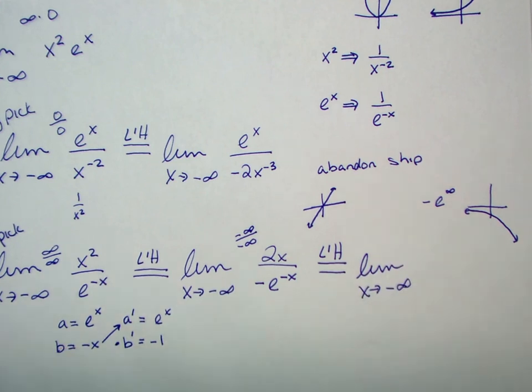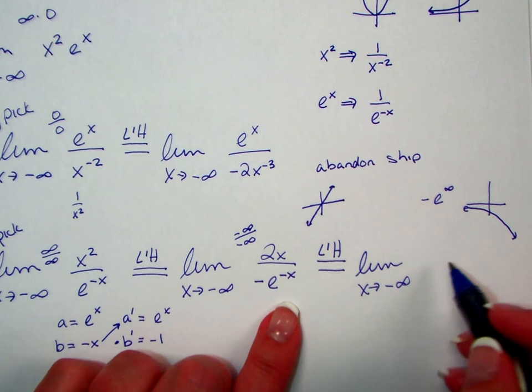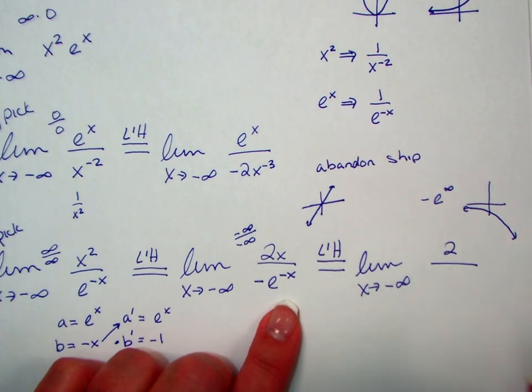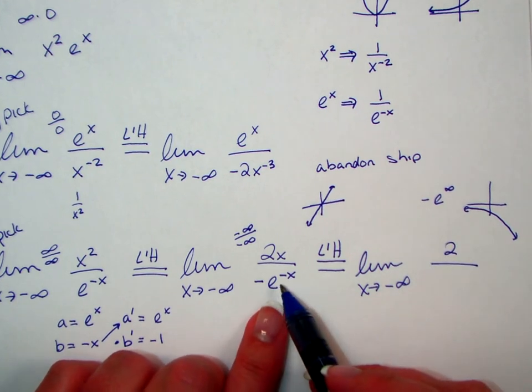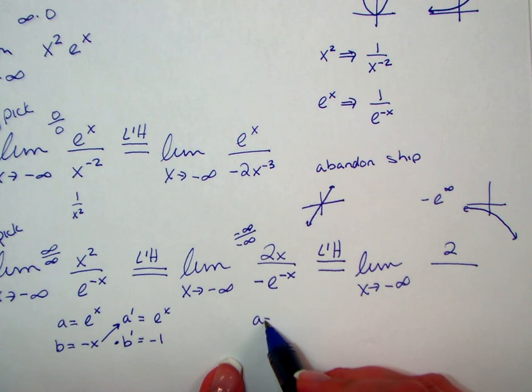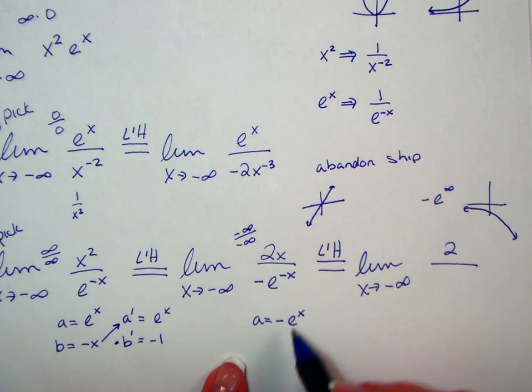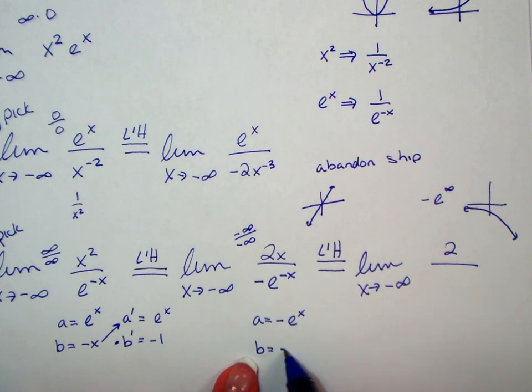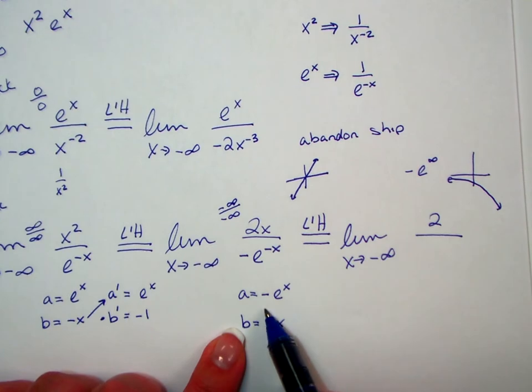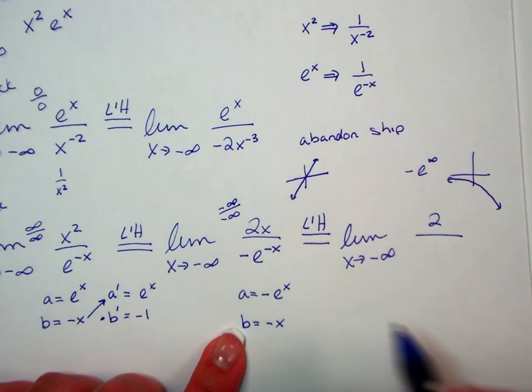Which means we can take the derivative of the top and the bottom again. The derivative of the top is 2. Here, we're going to get an outside function negative e to the x and an inside function negative x, because this is just a constant times e to the x.